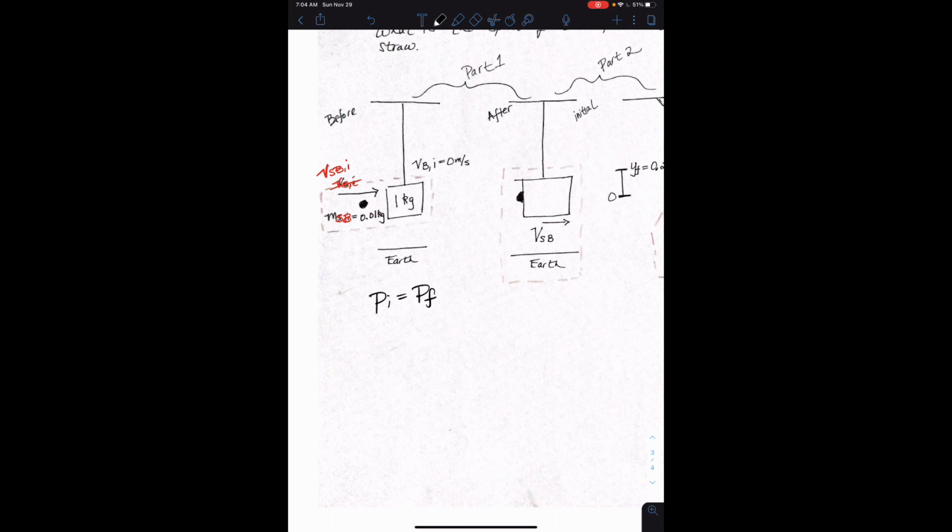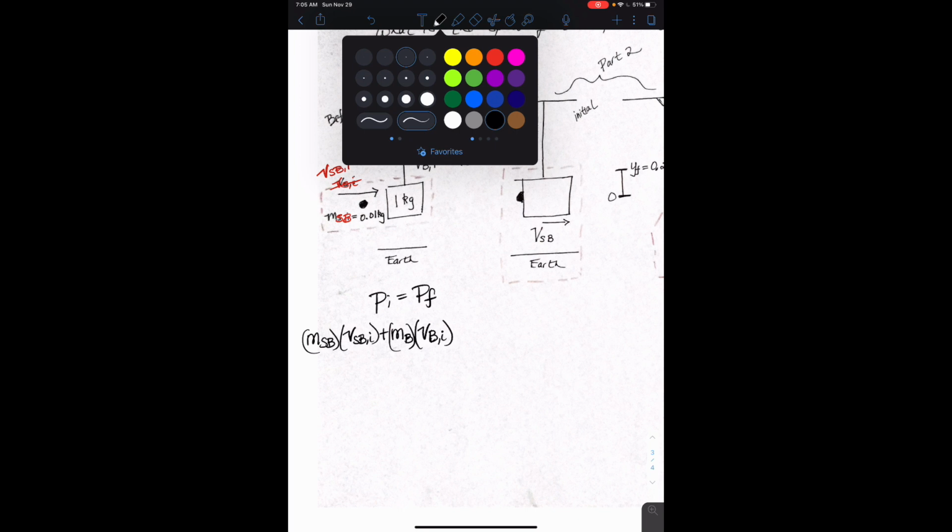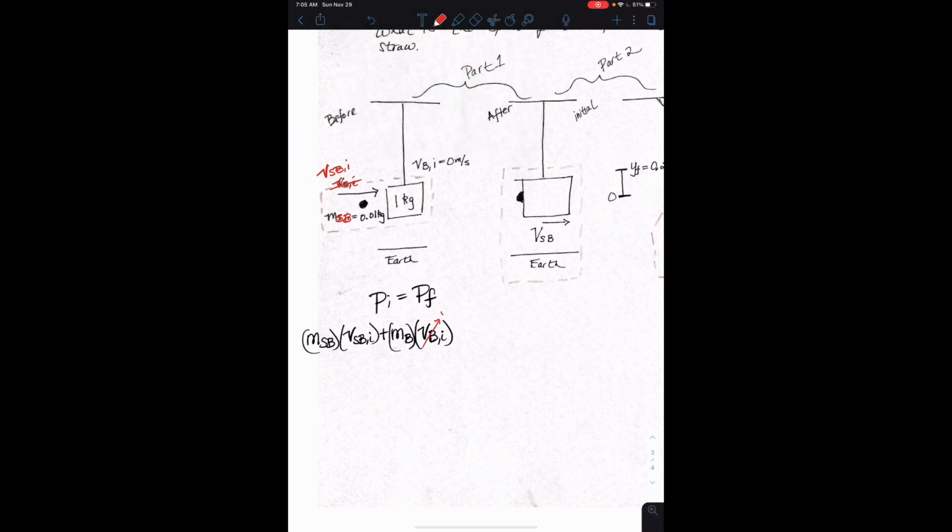So you have the mass of the spitball times the initial velocity of the spitball, which we want to know. That's the whole point of the problem. Plus the mass of the block times the initial velocity of the block, VB comma I, and that is 0, so this whole thing is going to be 0.